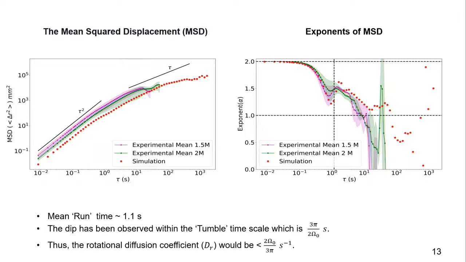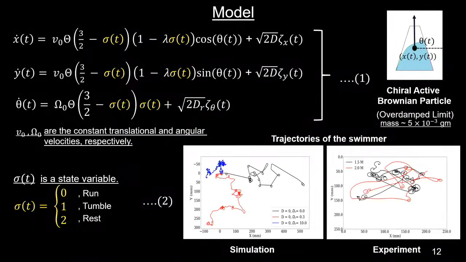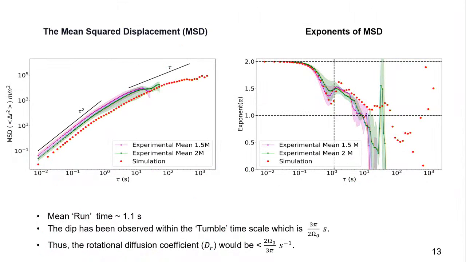This dip can be controlled with this parameter lambda. If you reduce the value of lambda, the tumbling radius will be increased, and the dip of this exponent will change also. It will go deeper. So that's the point. Am I able to address?